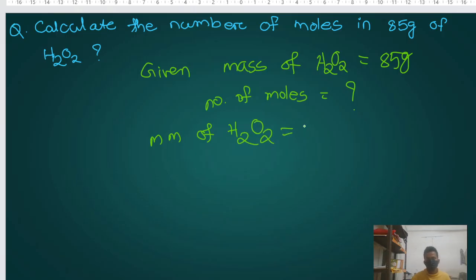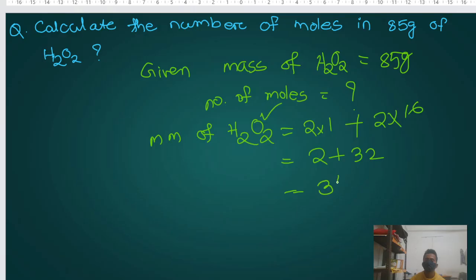Let's calculate 2 into 1 plus, because we have two hydrogen atoms, so I multiply 2 with the atomic mass of hydrogen, that is 1, and 2 into the atomic mass of oxygen, 16. 2 plus 32, I got 34.